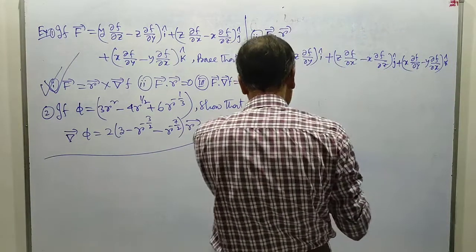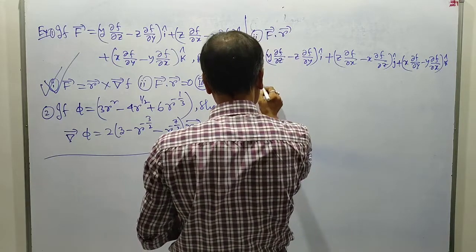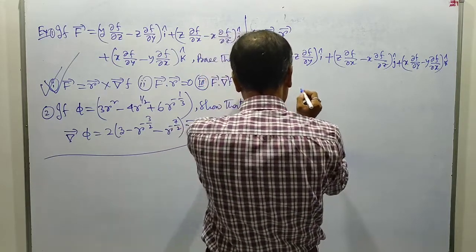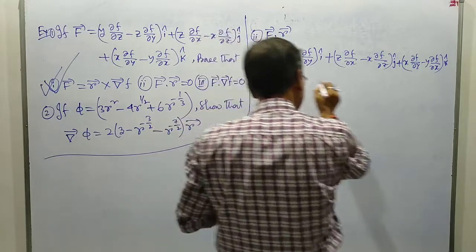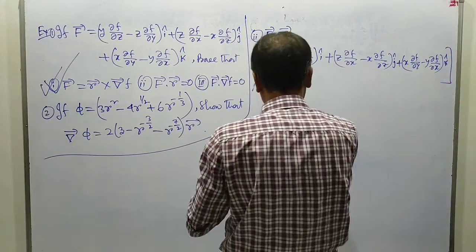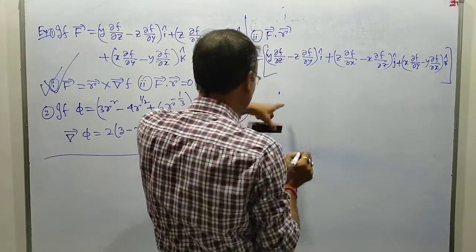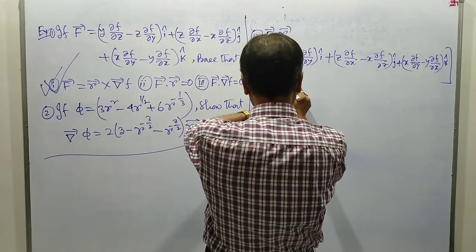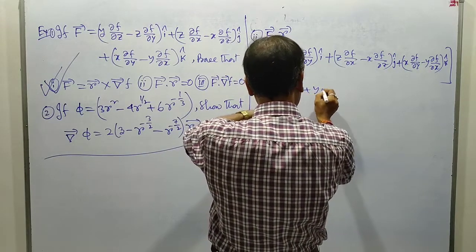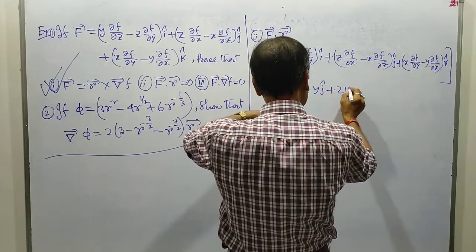Therefore, this dot R vector, x i cap plus y j cap plus z k cap.